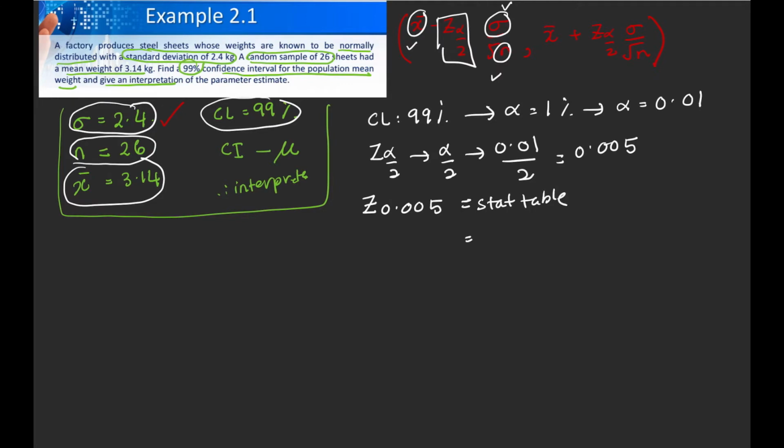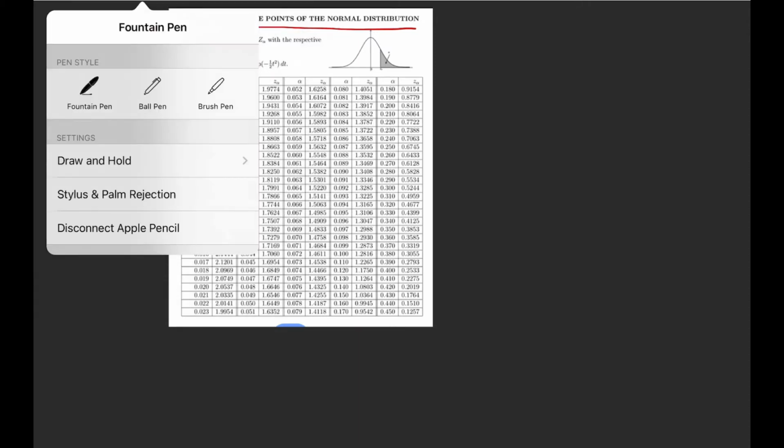So look at your stat table, go to the table for percentage points of the normal distribution. How do you read it? First, you look at the alpha. Our alpha just now is 0.005, so find alpha 0.005. Alpha is here.